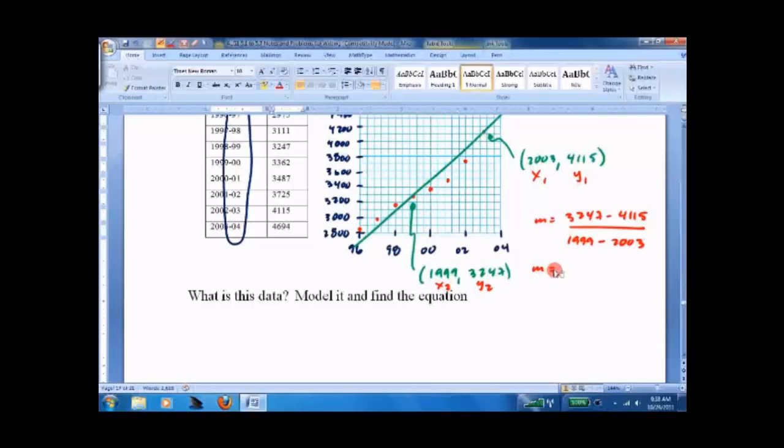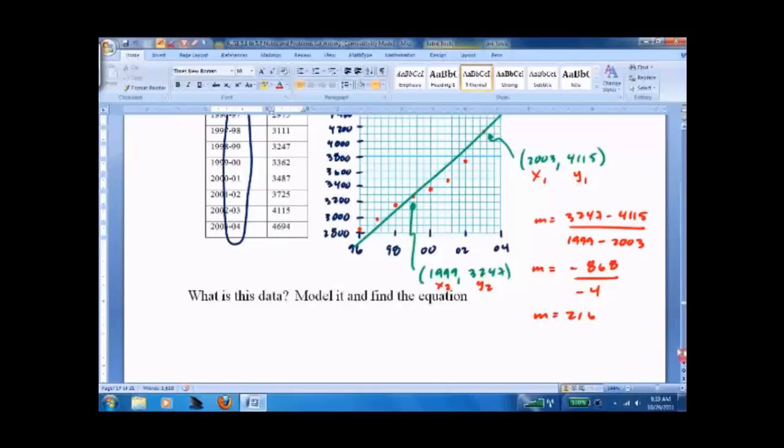M equals negative 868 over negative 4. M equals, nice number, 216. So it looks like it goes up 216 for every one.